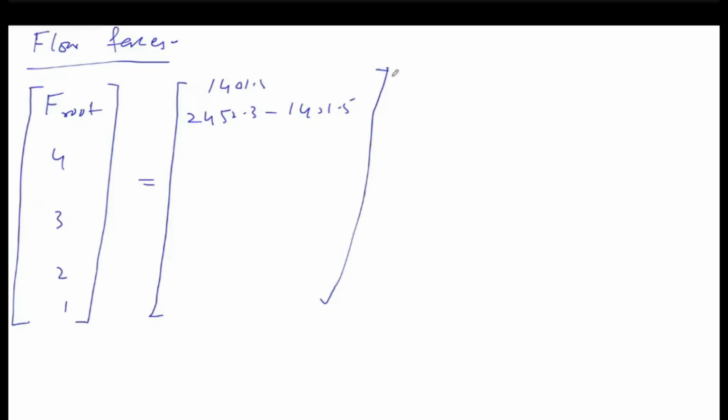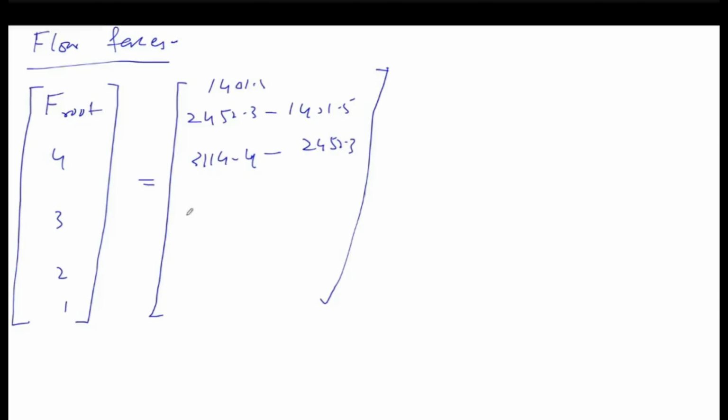And in the same way, you have to keep on subtracting the story shear, the upper story shear from its adjacent lower one. So like 3114.4 minus 2452.3.